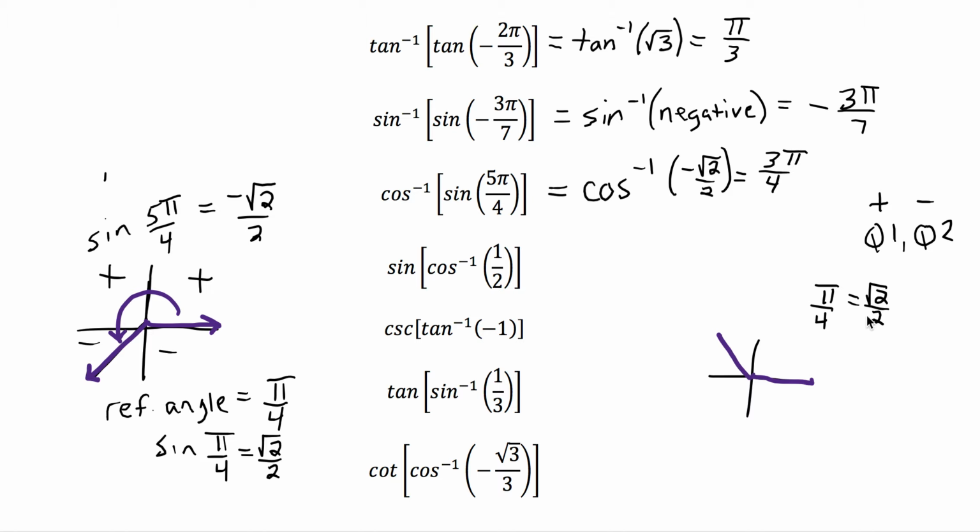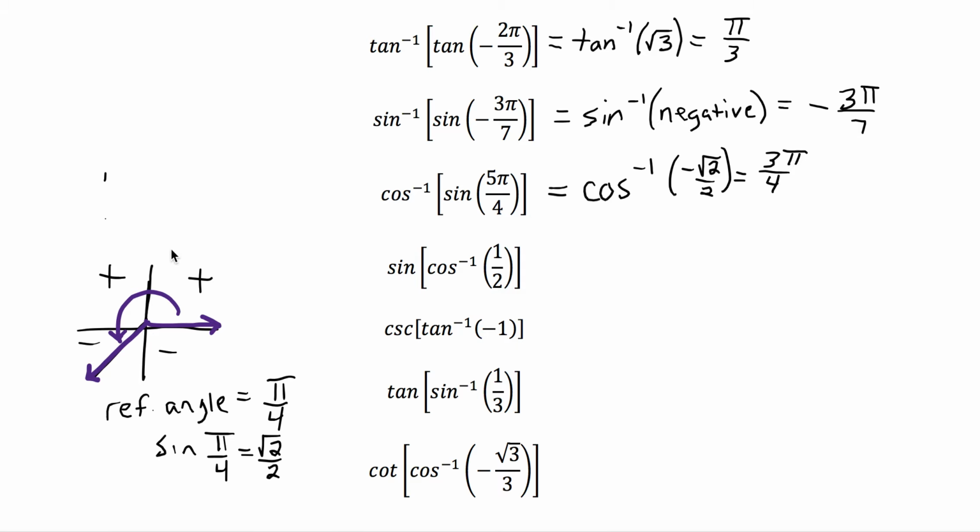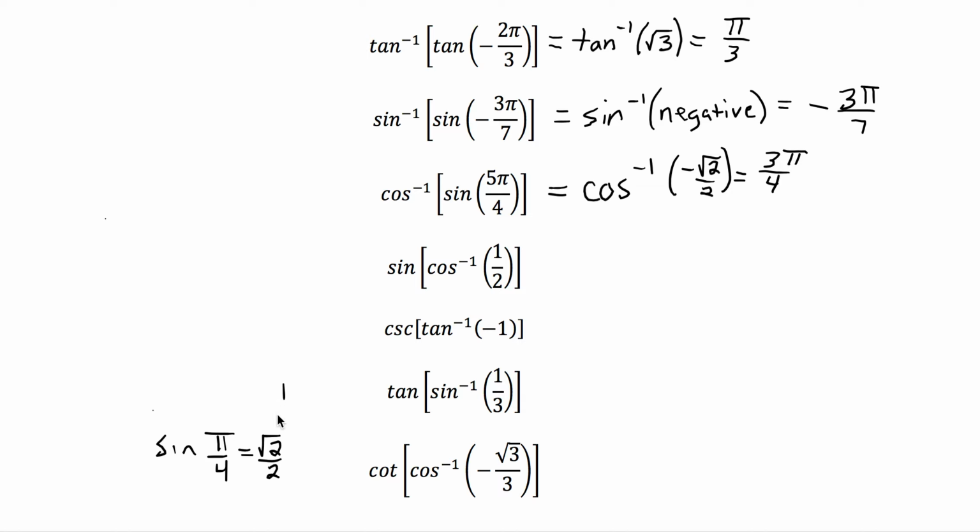So moving on to the next one. Again, start inside. So we're first going to look at cosine inverse of 1/2. All right, so that is going to mean that I need an angle where cosine is equal to 1/2.